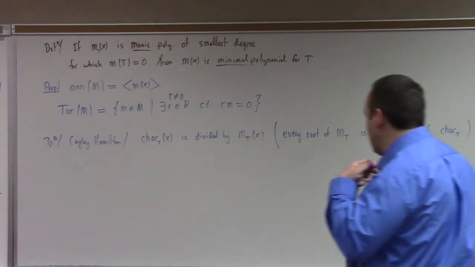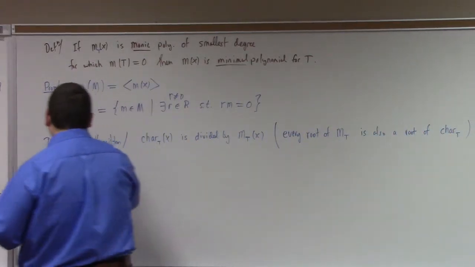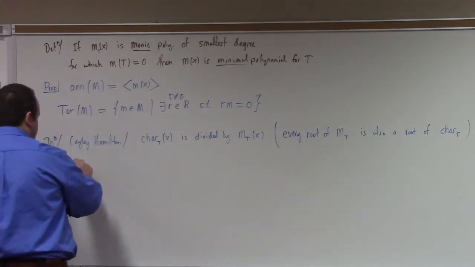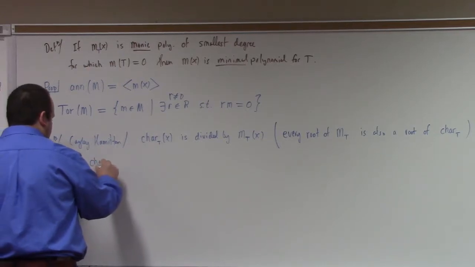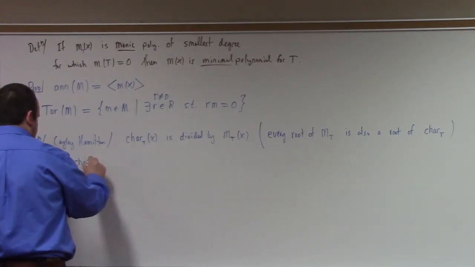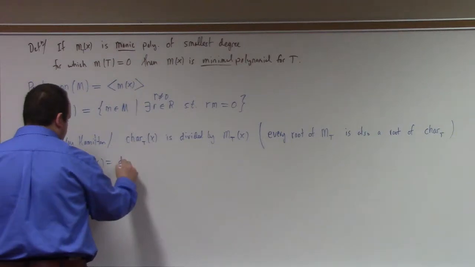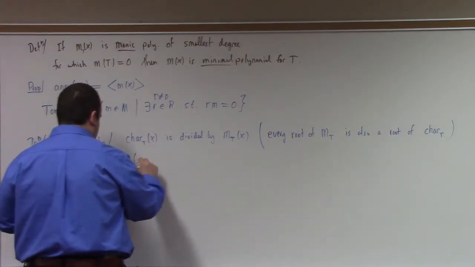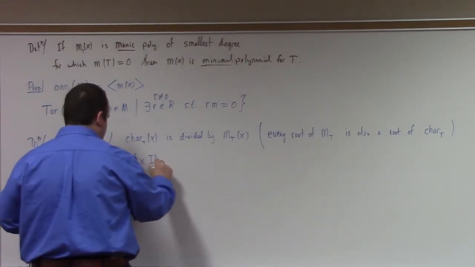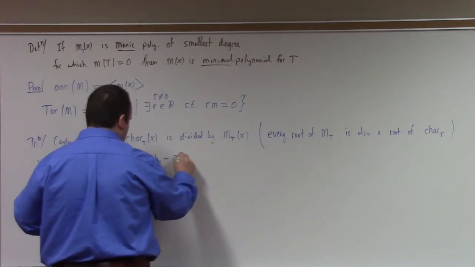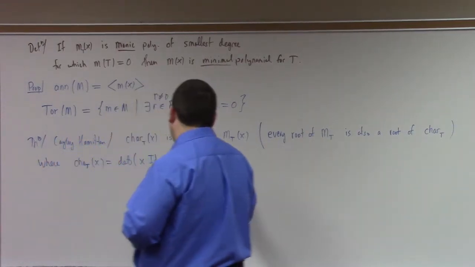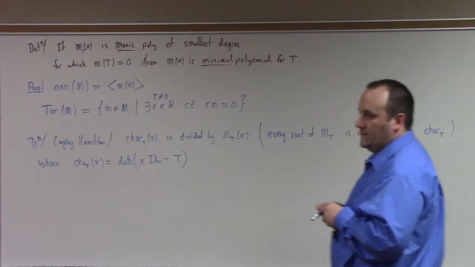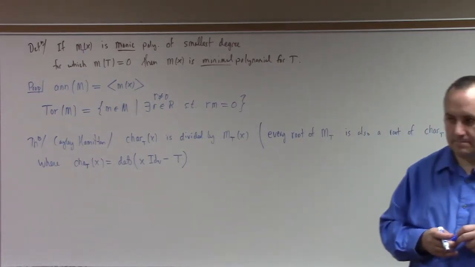The definition of the characteristic polynomial here, which I haven't defined yet in this course, is that char T of x is equal to the determinant of x times the identity on V minus T. So here I make it monic.